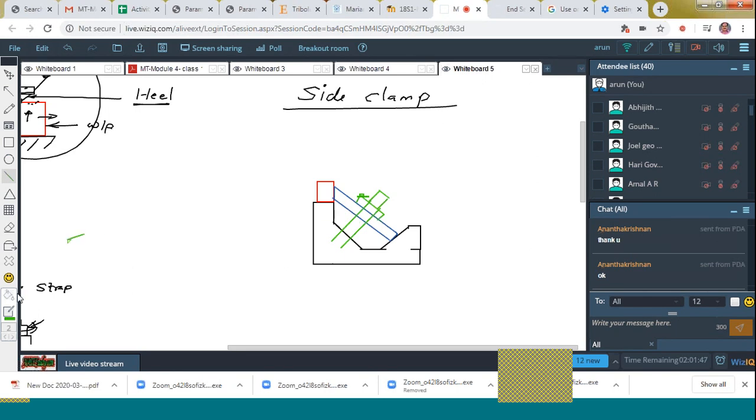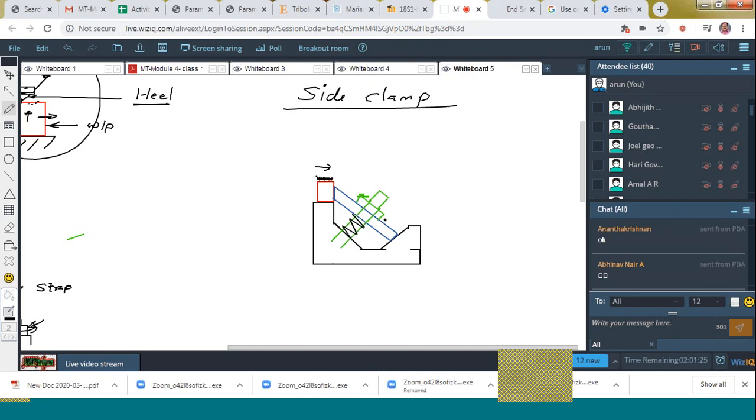And it is also spring loaded. You can see that this is one type of clamp. Very easily you can machine this surfaces without any problem. This is what we call as a side clamp.